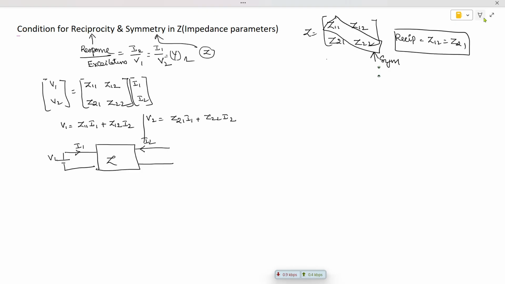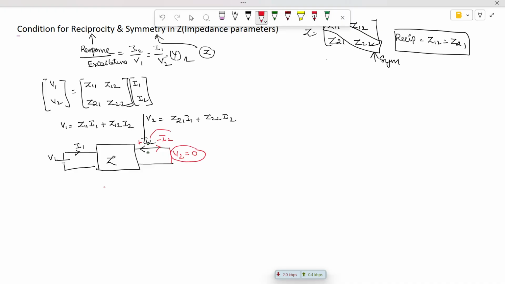Now we change it so that the current flows outside of the network, which is the opposite direction, so it is minus I2. Current only flows when the output is short circuited, so the condition we substitute is short circuiting the output port and reversing the current direction.